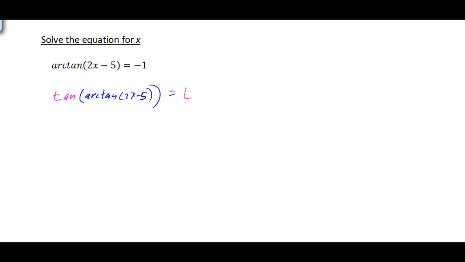equals the tangent of negative 1. Well, of course, the tangent and arctangent are going to cancel out, so we're left with 2x minus 5 equals the tangent of negative 1.